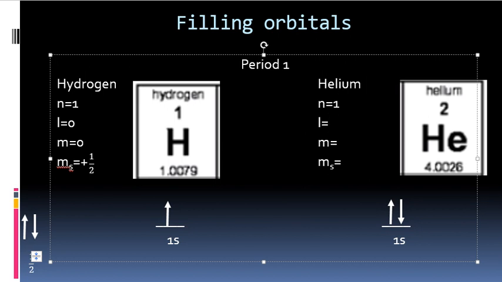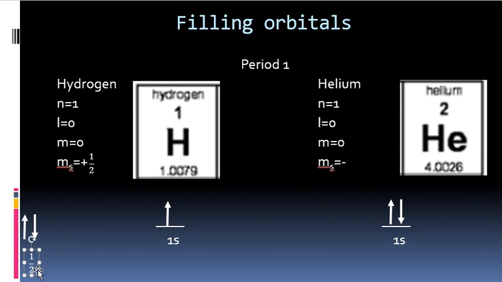Now l would equal 0, because for any s block element, l will always equal 0. Now m will equal 0 because plus or minus l only gives you the value of 0. And then in this case, for that final electron that is pointed downwards, that has a downward spin, its electron spin would be represented by negative 1/2.